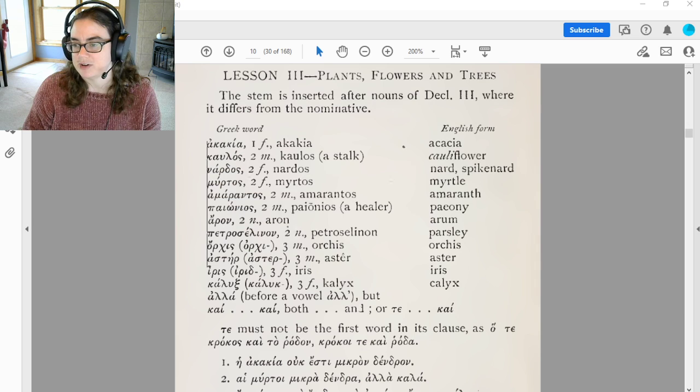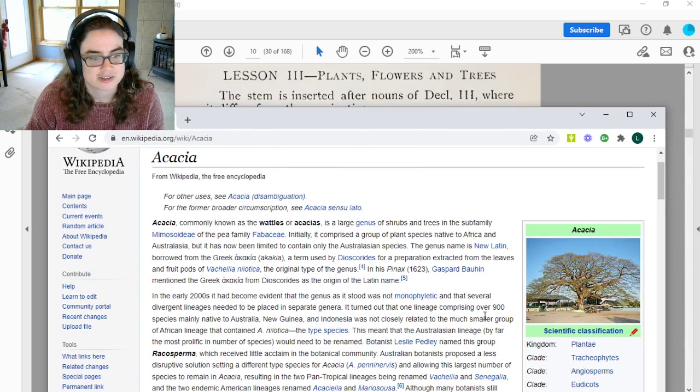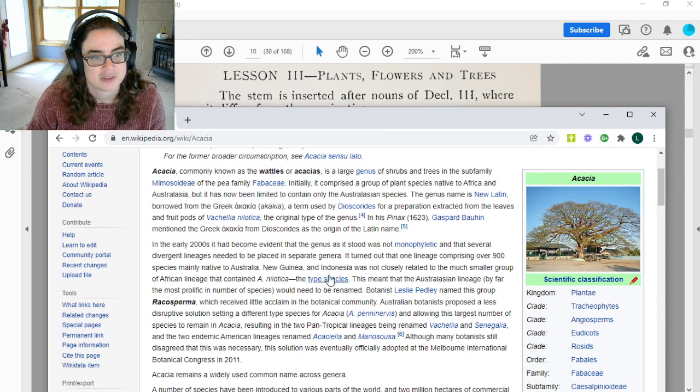And I don't even know in English if we pronounce it akakia or acacia, but I would guess we pronounce it acacia in English. I'm looking it up on Wikipedia, obviously. I'll just go ahead and pull this over so you guys can see what I'm seeing. Okay, it's from the acacia.